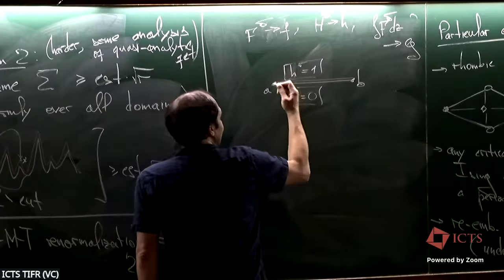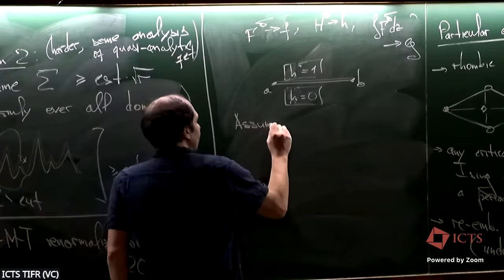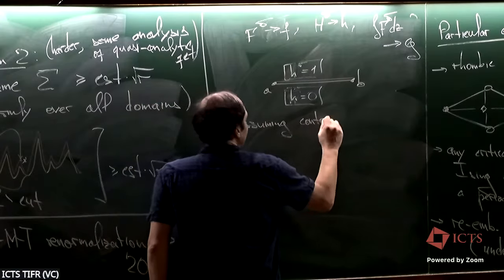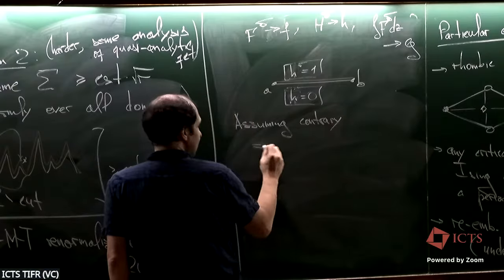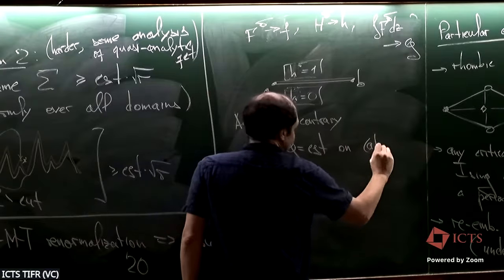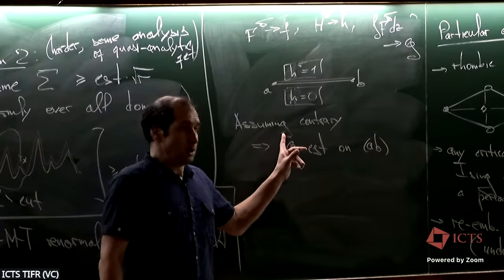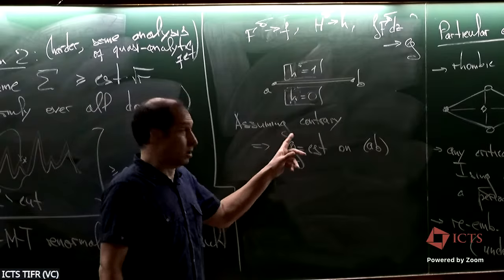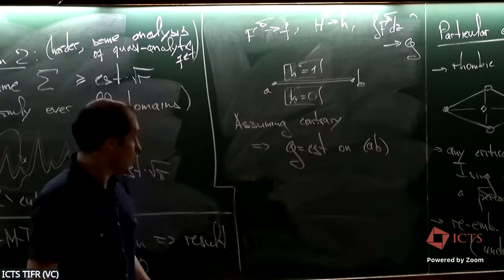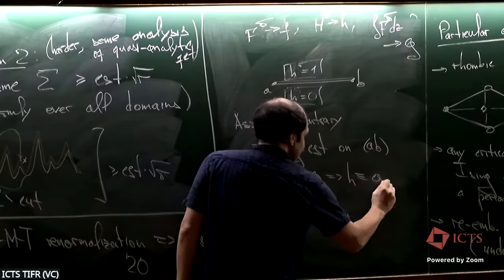So h is 1, h is 0. Now, from assuming the contrary, what you get is that g is constant on AB. So g, which is a holomorphic function, is constant on the segment. This cannot happen by the uniqueness principle. So you do Schwarz reflection and you win.